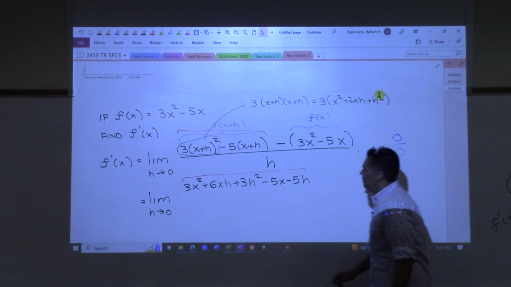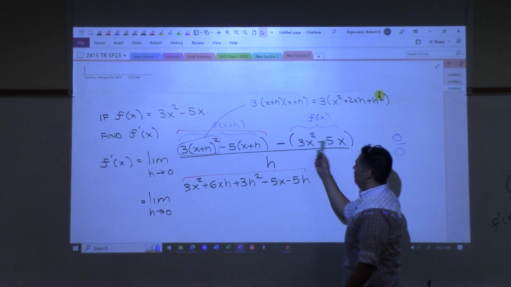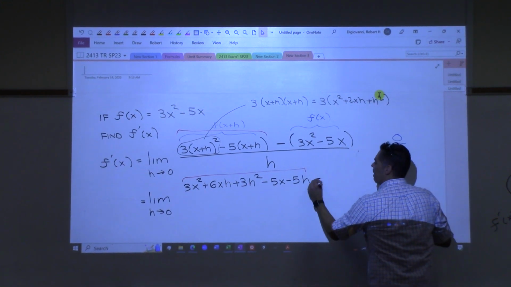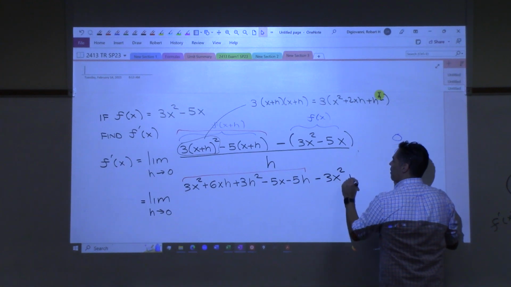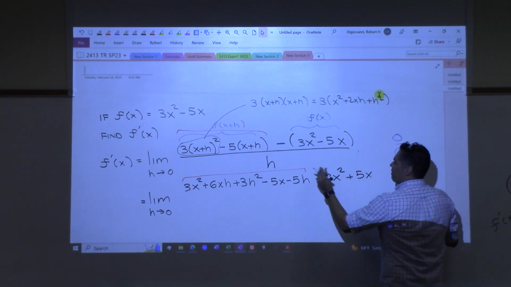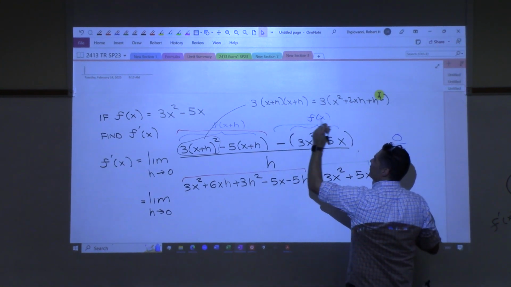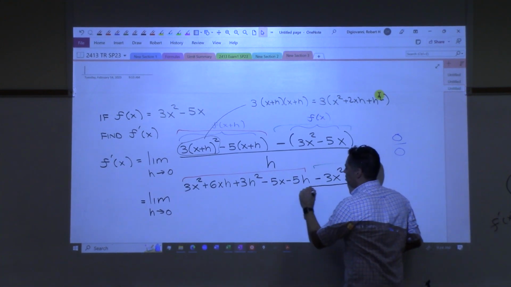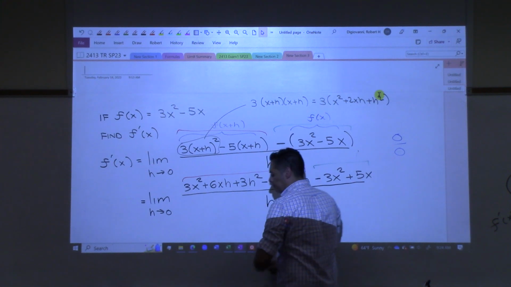Then I have to do this part, right? So I'm going to subtract this, so I'm going to distribute the negative through now. So I get negative 3x squared plus 5x. That right there is this together. And then everything I see here over h.